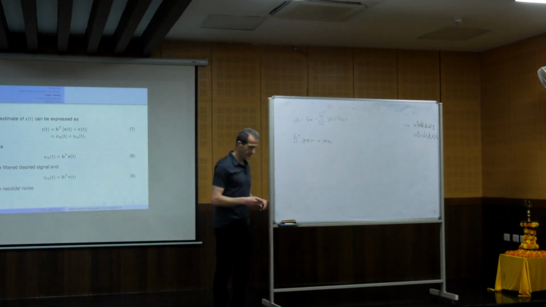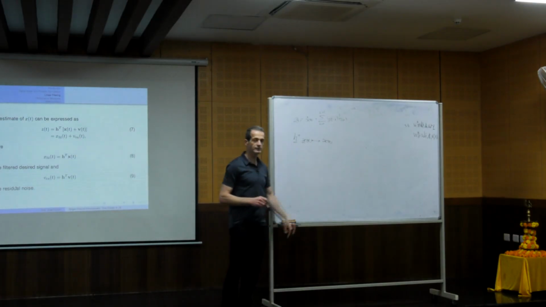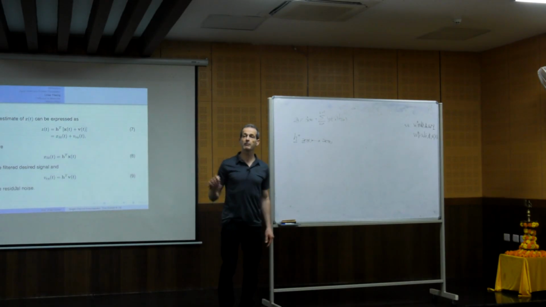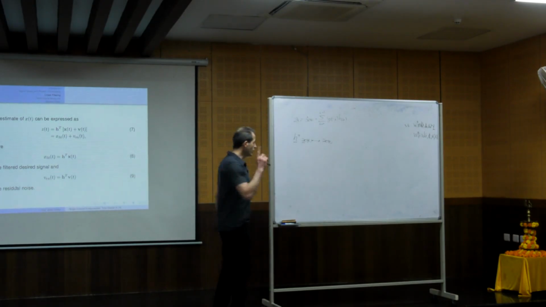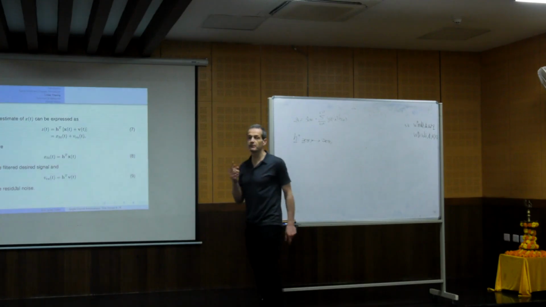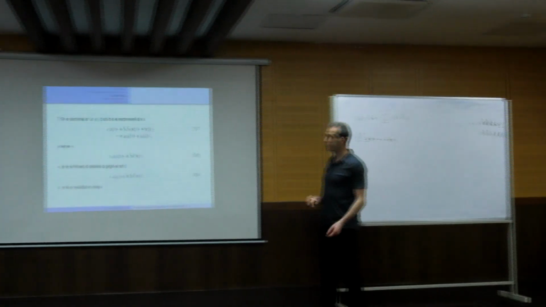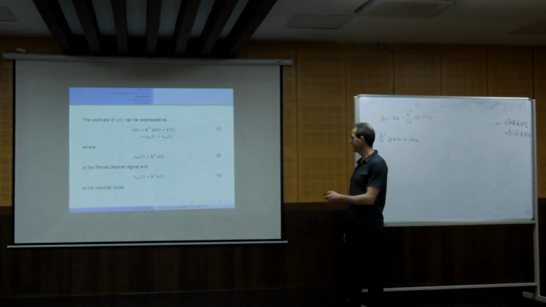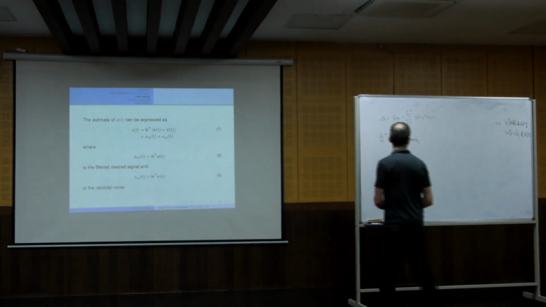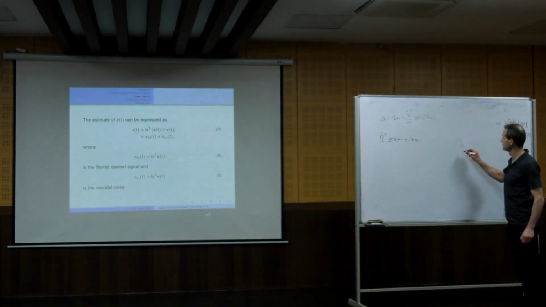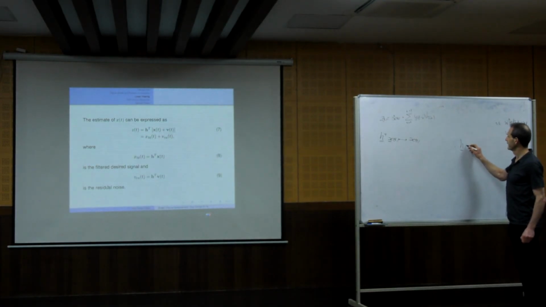Because this, what does it mean if it equals? It means that we have a perfect estimate. No distortion. Perfect estimate. And also, perfect estimation is not enough, because we can take H equals to 1, 0, 0.